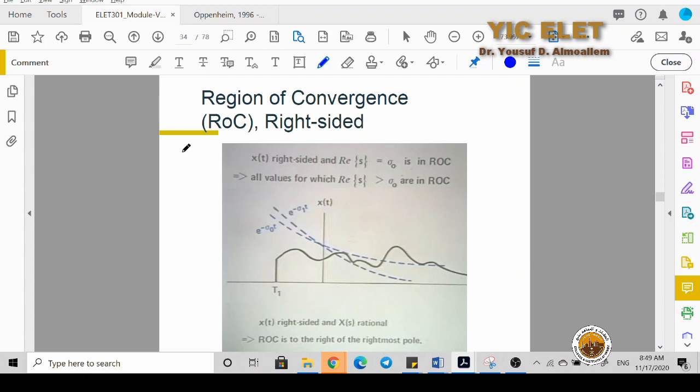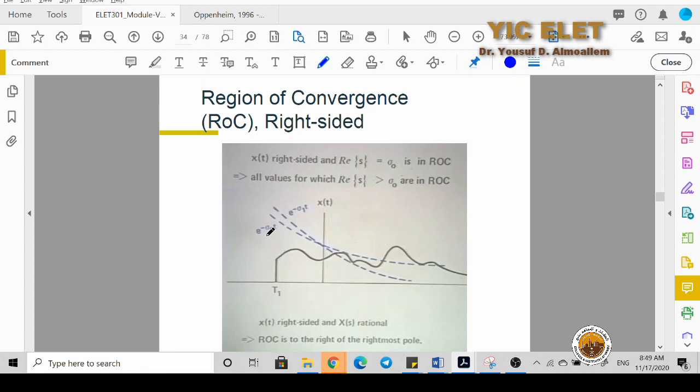So if x of t is right-sided, and the real part of S equal to sigma naught is in the ROC, all values of S greater than sigma naught are in the ROC.